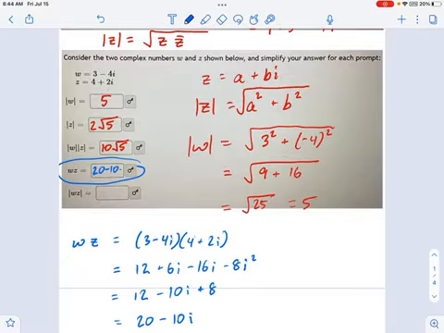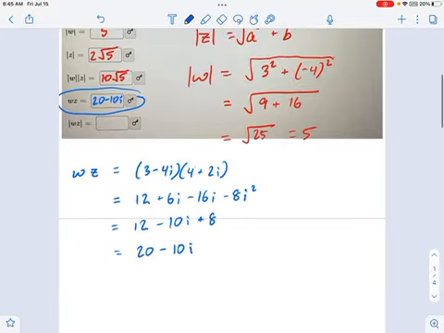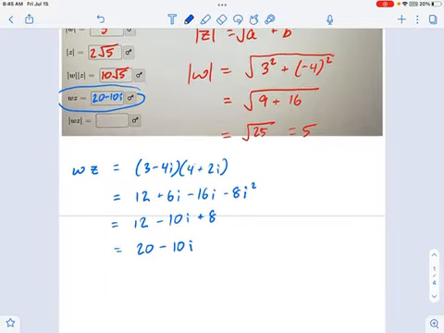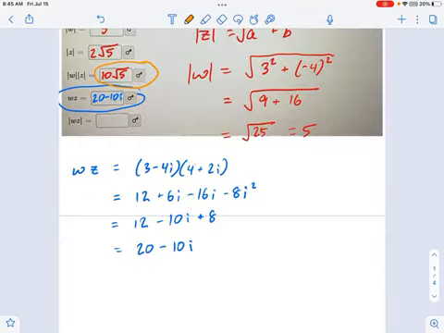20 minus 10i. Now the magnitude of that, basically, this and this are equal to each other. And let's prove it.